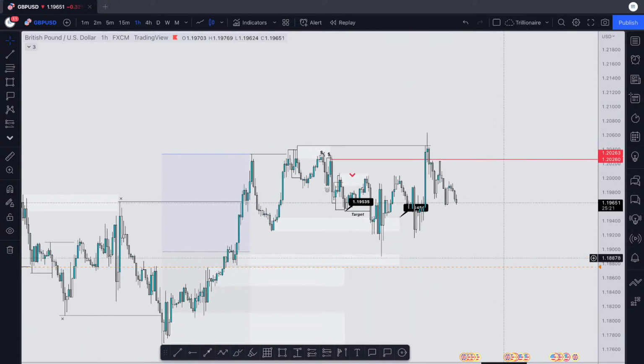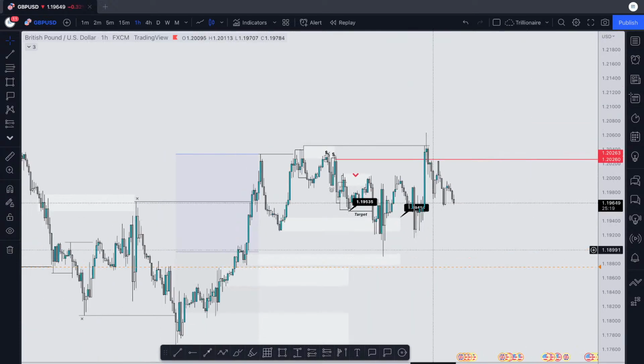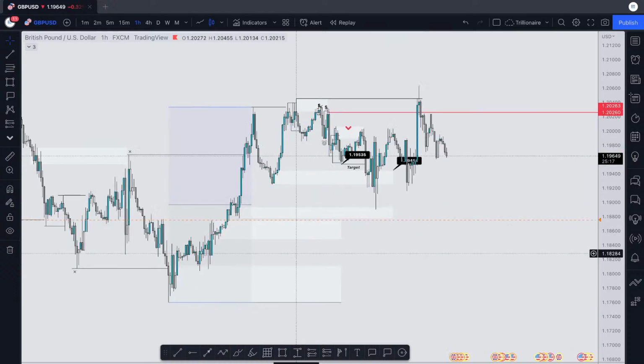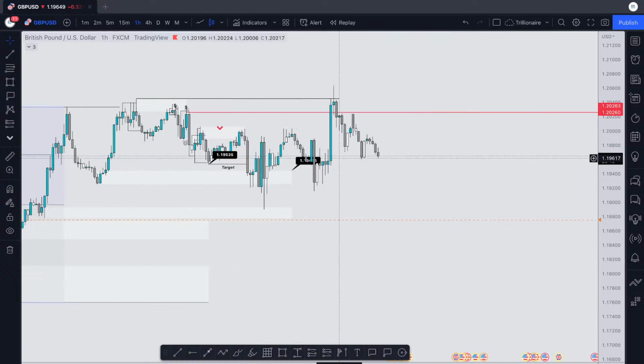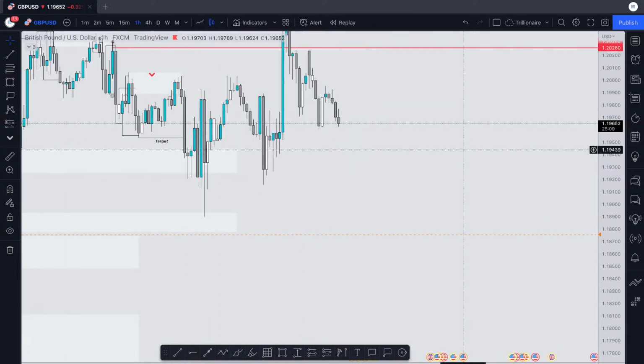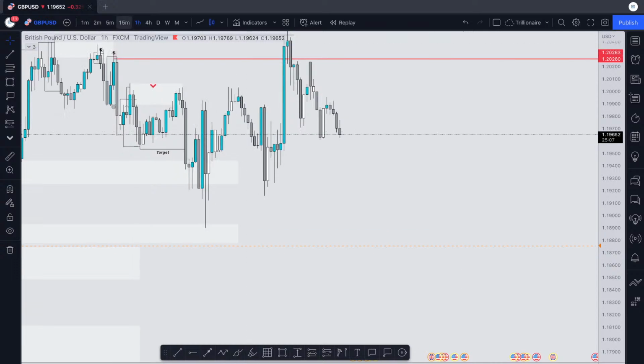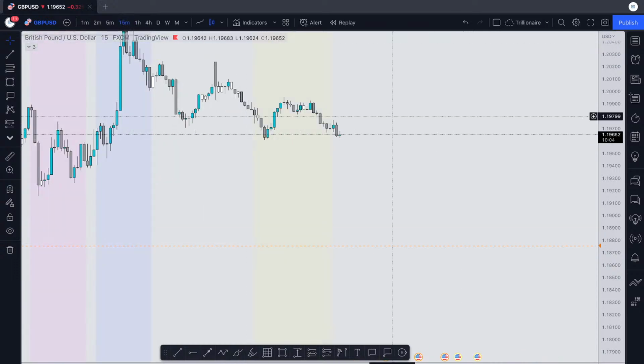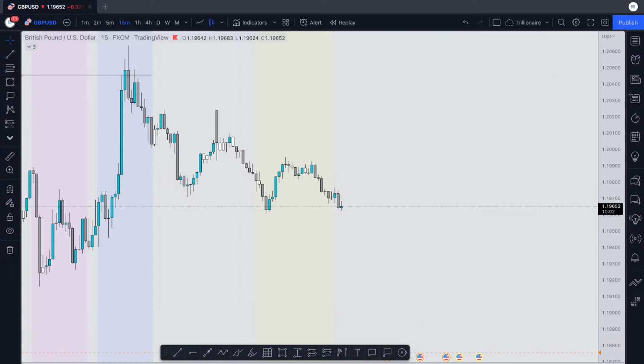Actually, no, we could possibly continue to the downside, tap into these regions here. I have to redo my GU markup. I really need to clear this GU chart and start fresh. Let's go to the M15, see what's going on. So it looks like we're continuously tagging sell side liquidity, which is completely fine.